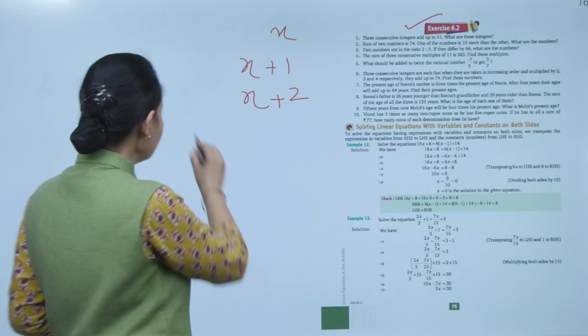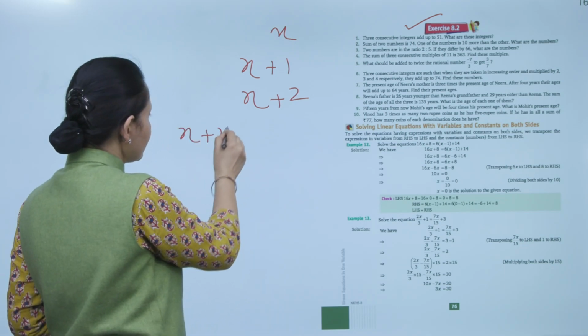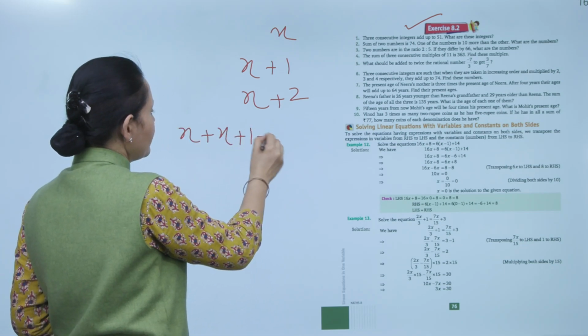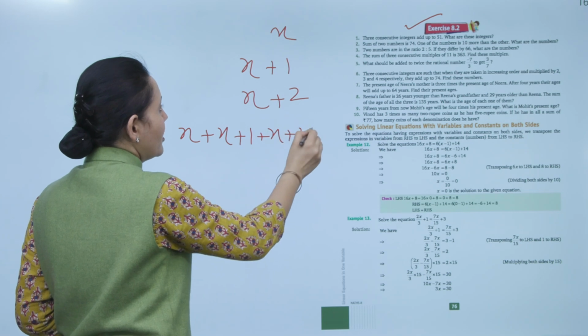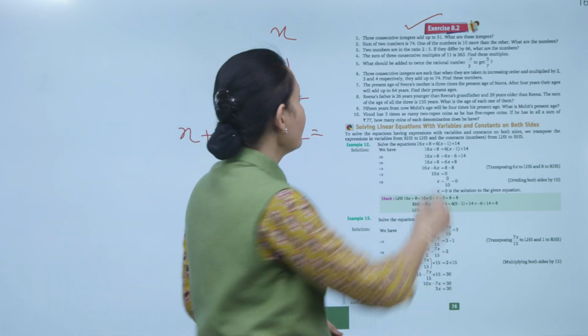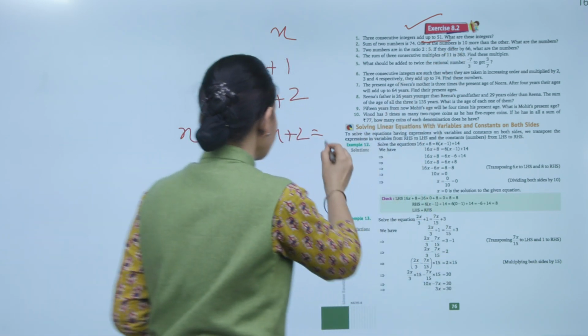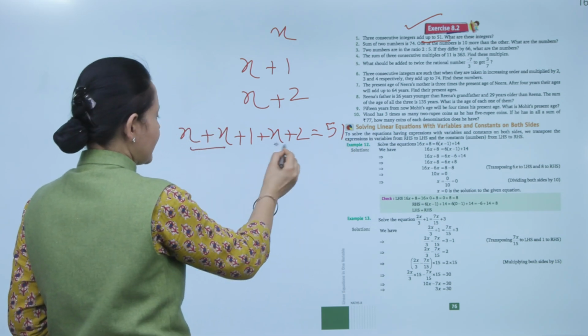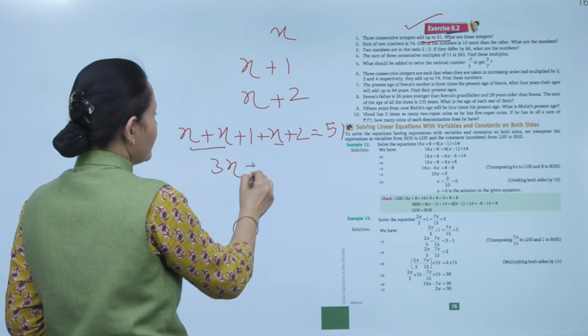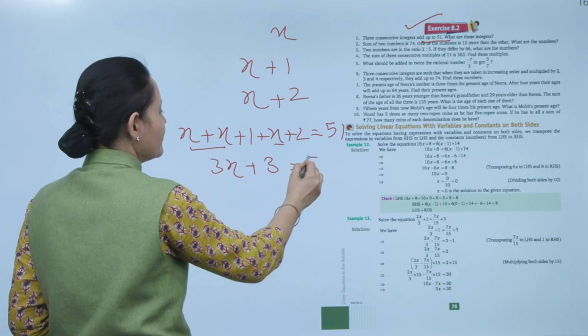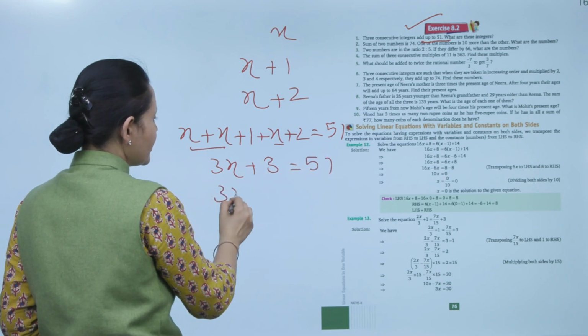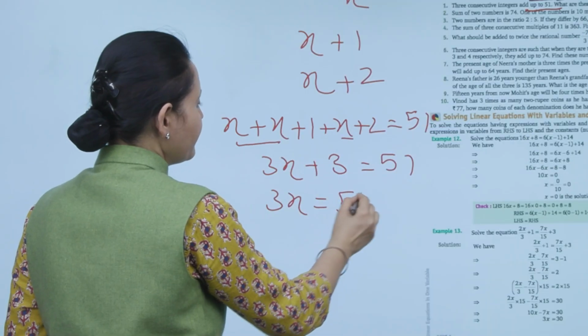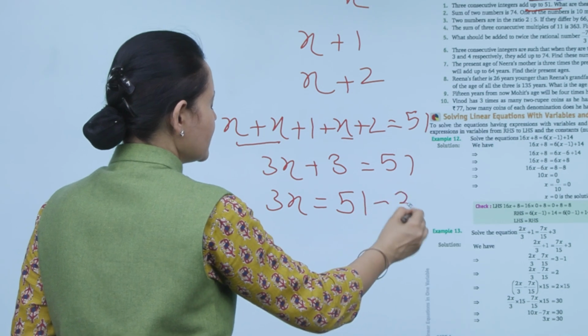Now according to question, x plus x plus 1 plus x plus 2 equals 51. x plus x plus x, 3x plus 3, that is 51. So 3x equals 51 minus 3.